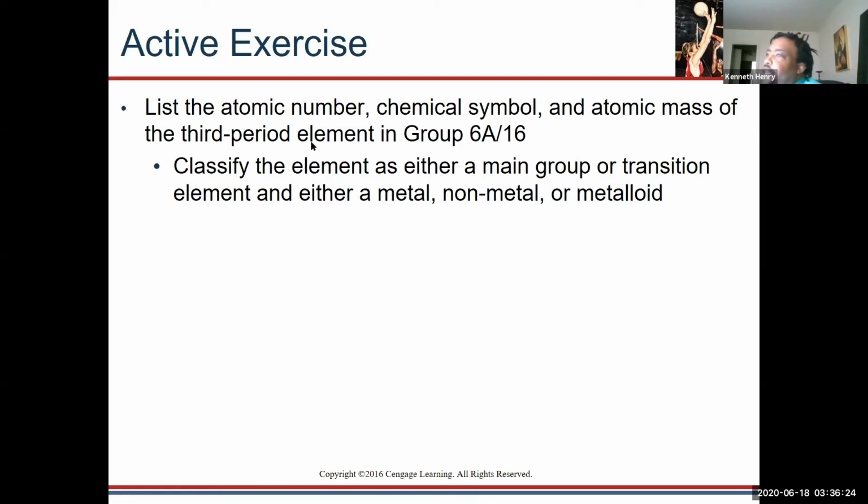List the atomic number, chemical symbol, and the atomic mass of the third period element in group 16. Third period, group 16. Sulfur. Wait, third period, 16?